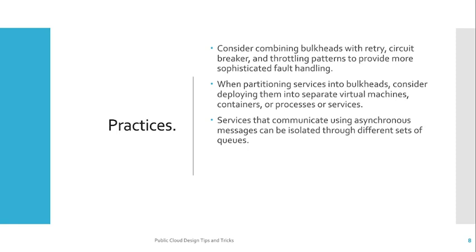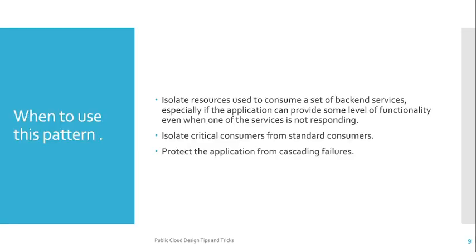You can think about app services, container solutions like AKS and EKS, or the service mesh concept. These can all be utilized to realize a standard bulkhead pattern. Services that communicate using asynchronous messages can also be isolated through different sets of queues, so you can use different queues to isolate the cascading of asynchronous services.